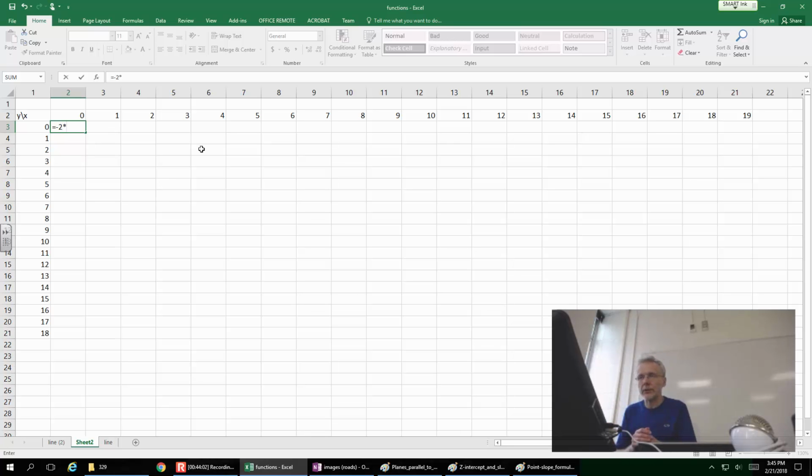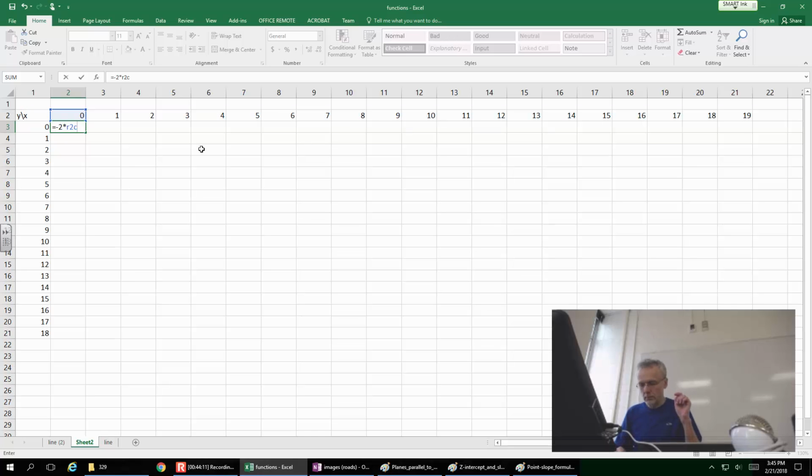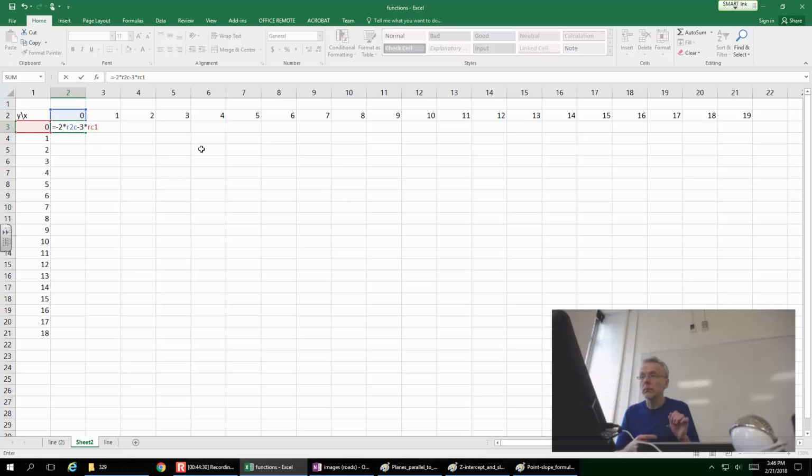References are a little tricky here with Excel, so x is in row 2, same column, and y is in the same row, first column, C1.